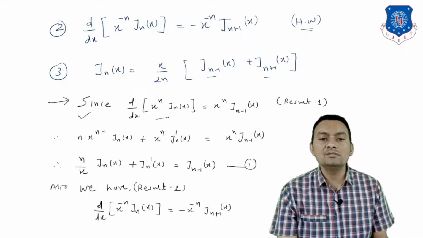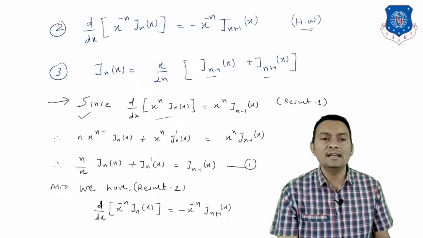Now what you have to do is just take the derivative with respect to x. So n times x^(n-1) Jn(x) plus x^n Jn'(x) is equal to x^n J(n-1)(x). Now it can be observed that x^n is there in every term, that means we can cancel out.